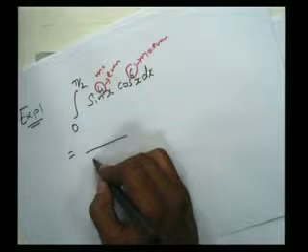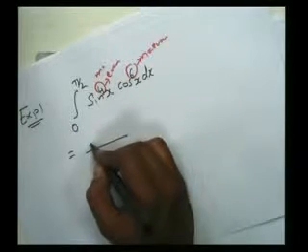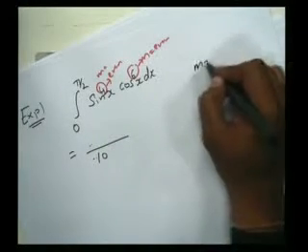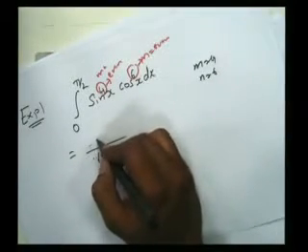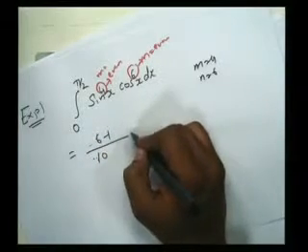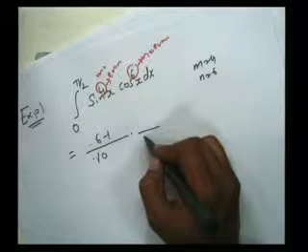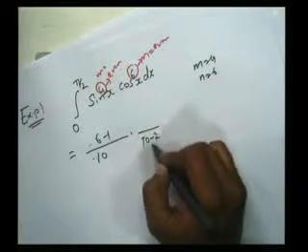m plus n. That means in the denominator m plus n is 10, with m equal to 4 and n equal to 6. In the numerator we have n minus 1, which is 6 minus 1, into n minus 3, 6 minus 3, and in the denominator m plus n minus 2, 10 minus 2.